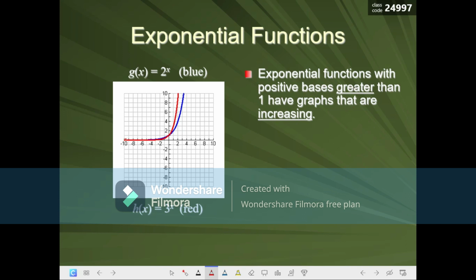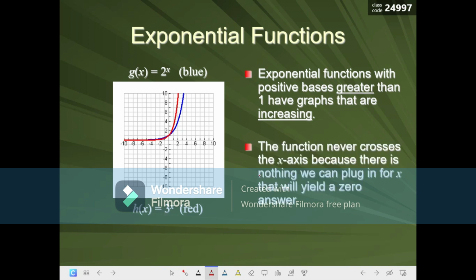As you've noticed from left to right, the graph is increasing. The bases are 2 and 3, which are obviously greater than 1. Okay, what else have you noticed? The function never crosses the x-axis because there is nothing we can plug in for x that will yield a 0 answer.